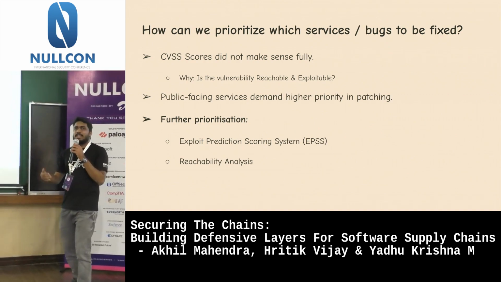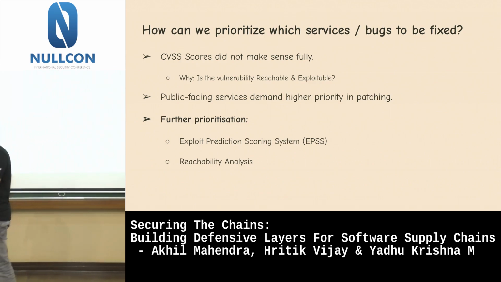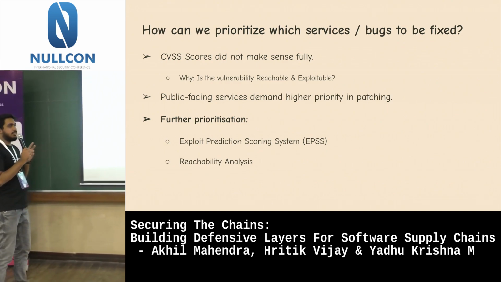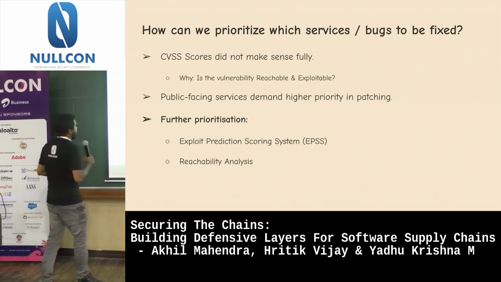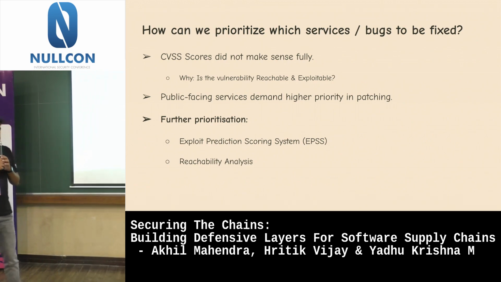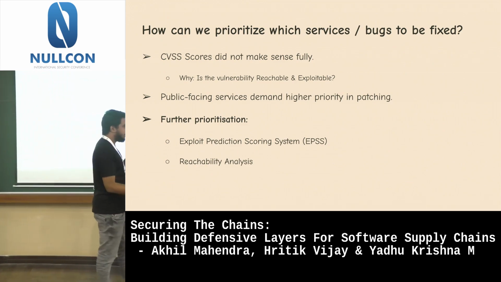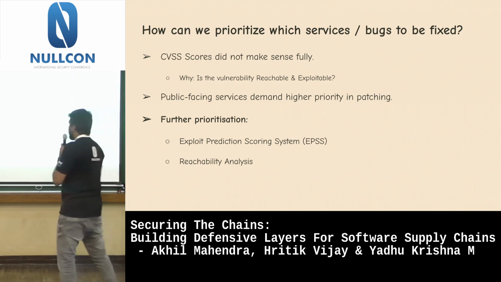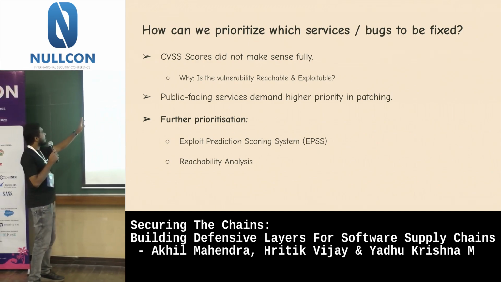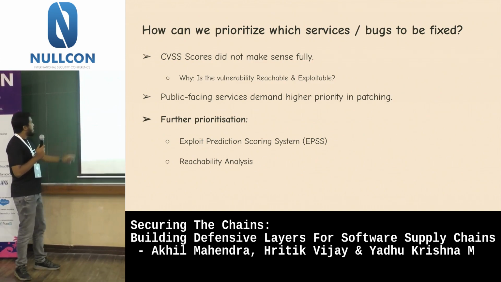Will that actually be exploited? The probability is very low. Another case was exploitability. It needed certain configurations to be exploitable. Due to all these cases, we did not want to prioritize based on the CVSS.